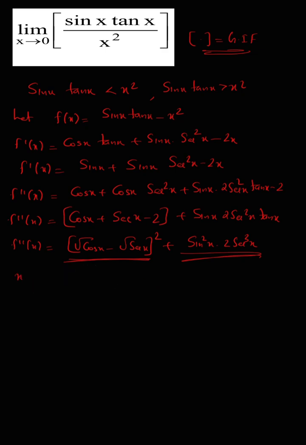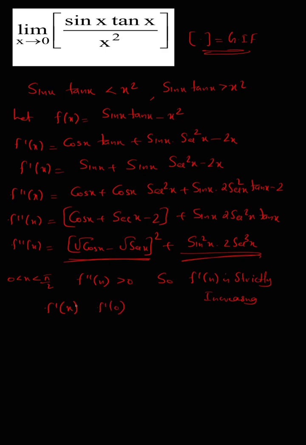First consider x tends to 0 plus. So f double dash x is positive. So f dash x is strictly increasing. Not just at 0, if I want, I can go with 0 less than x less than pi by 2 also. So what I can say, f dash x or f dash 0, which is larger?